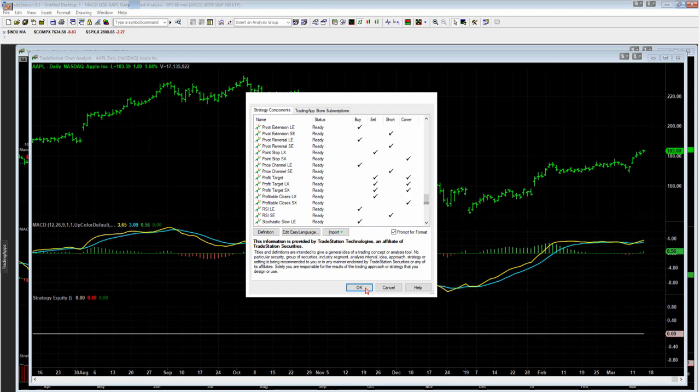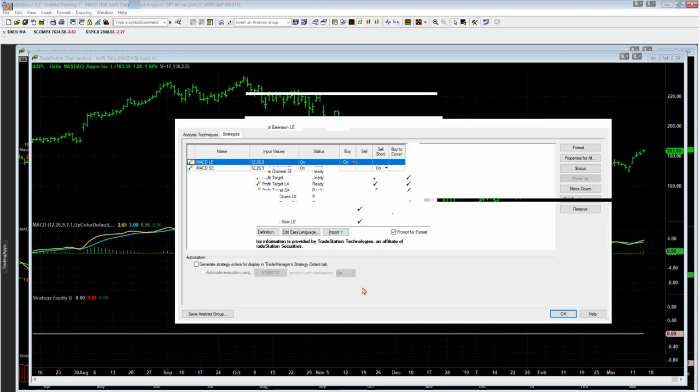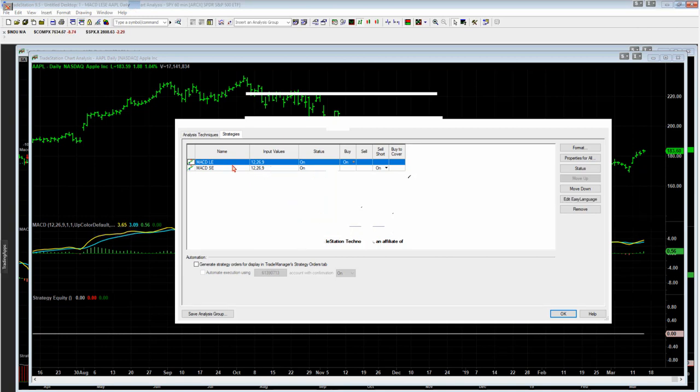So here we're going to insert our MACD strategy. This is the format strategy dialog. Here you can see the two components that are applied to the chart, the MACD long entry and the MACD short entry. You can see the input values, which are the default input values for MACD. The status is that they're both turned on.